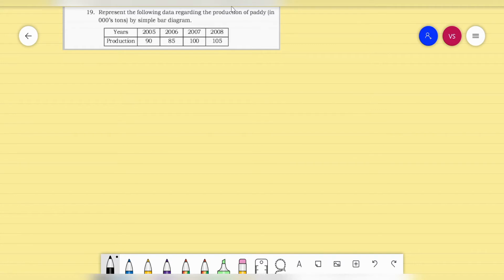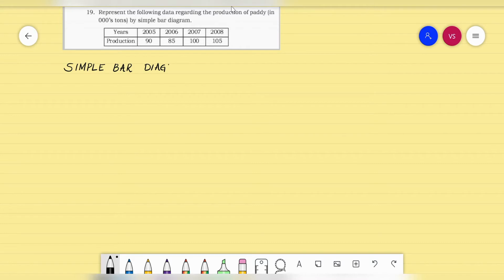A title for the diagram must be written, students, in the beginning. So I will do that here. It is all about simple bar diagram. I'll write it in capital letters, which will be visible clearly to everyone and without any confusion. Simple bar diagram.